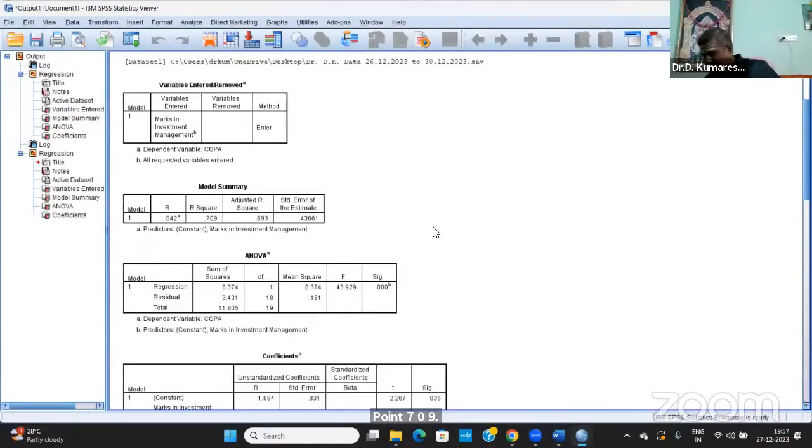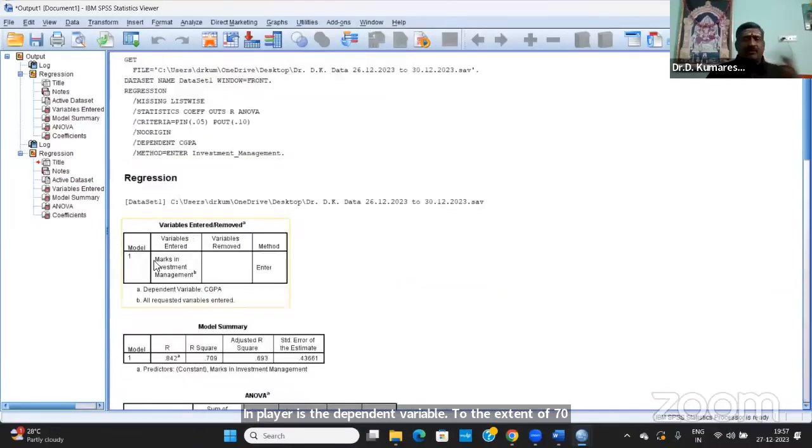That is, the independent variable influences the dependent variable to the extent of 70.9%. So only one variable was considered, and that itself has influenced to the extent of 70.9%.